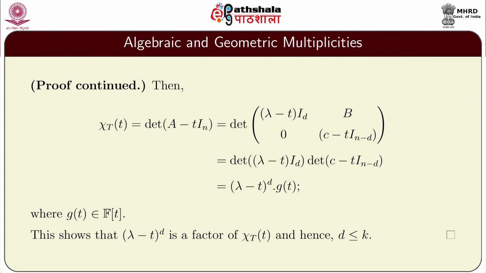And then you see that this determinant is nothing but (lambda minus t) whole raised to d multiplied by g(t), where g(t) is a polynomial with coefficients from the field F. And where does this g(t) come from? This g(t) is nothing but the determinant of the matrix C minus t I_(n minus d). Therefore, (lambda minus t) whole raised to d is a factor of the characteristic polynomial chi t, and therefore d has to be less than or equal to m.